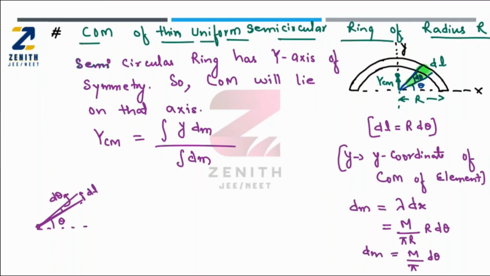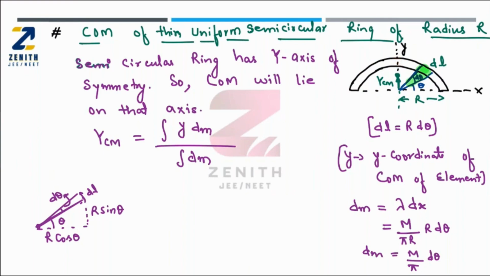If I want to write down the x and y coordinates, can I say this is basically r only? The radius will be the same. So r cos theta will be the x coordinate, and r sin theta will be the y coordinate. As theta changes, the x and y coordinate values will change. So for example, if theta is 90 degrees, I am talking about the coordinate of this point.